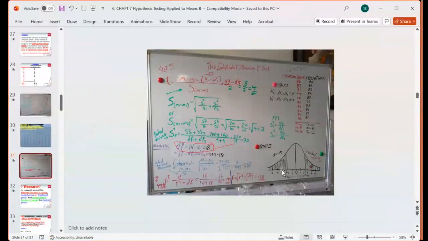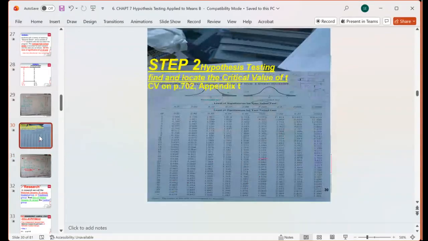Step 2, we need to find the critical value. As you can see, the easiest way is we have 20 participants, and minus 2 will be 18. 20 minus 2 is 18. Then we go to the critical value table, and you can see right there.